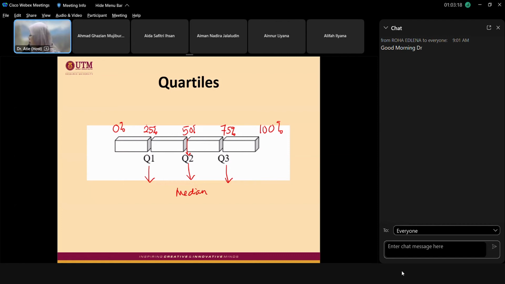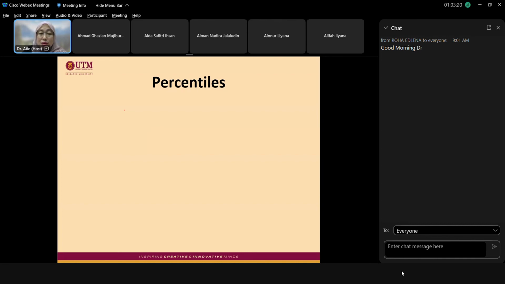And then the next one, we have percentiles, from the word percent or percentage. It depends; it can be 5%, 20%, 70%, 75%. It's up to the researcher how you want to divide your data. For example, you have the whole data set, and usually we arrange the data from the lowest value to the highest value.